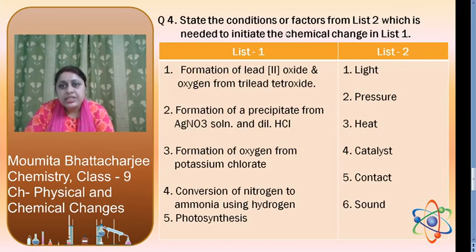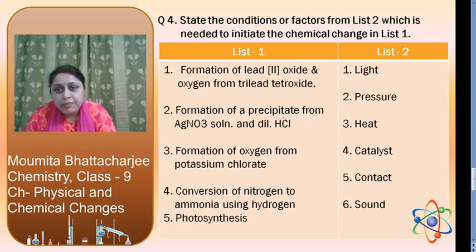State the conditions or factors from list 2 which are needed to initiate the chemical change in list 1. Formation of lead oxide and oxygen from trilead tetroxide. The answer is heat. If you heat Pb3O4, it decomposes to form lead oxide and oxygen.